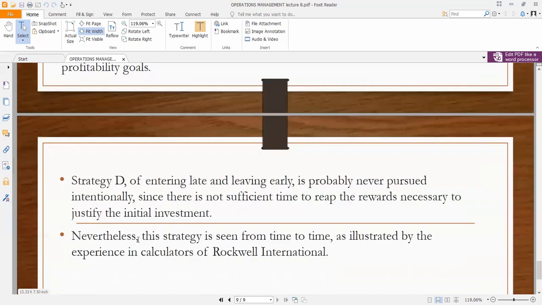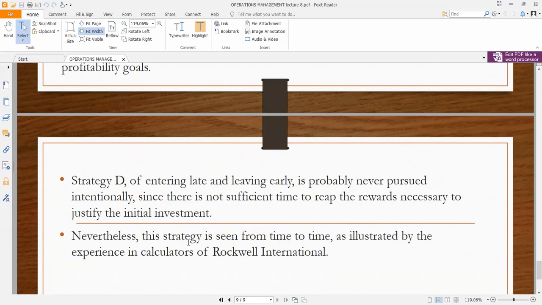Profitability goals. Now, strategy C, in conclusion, is only used when entering late and leaving early. It is probably never pursued internationally, since there is not sufficient time to reap the rewards necessary to justify the initial investment.